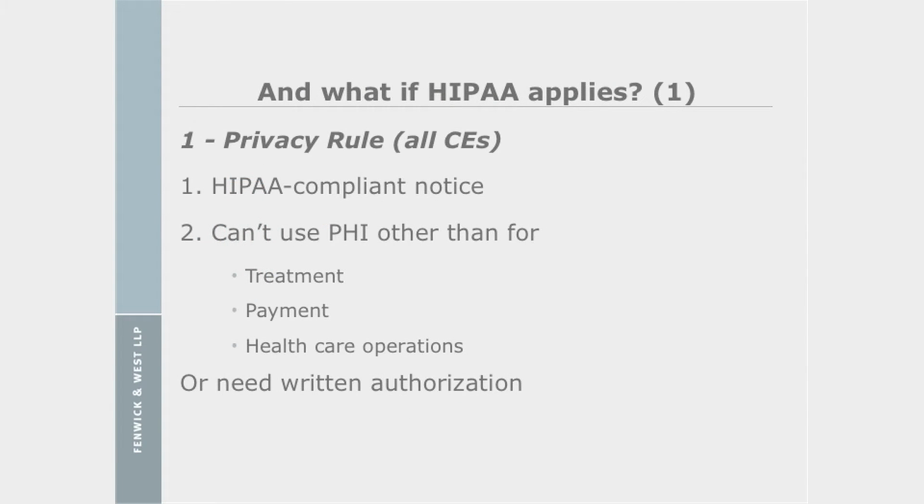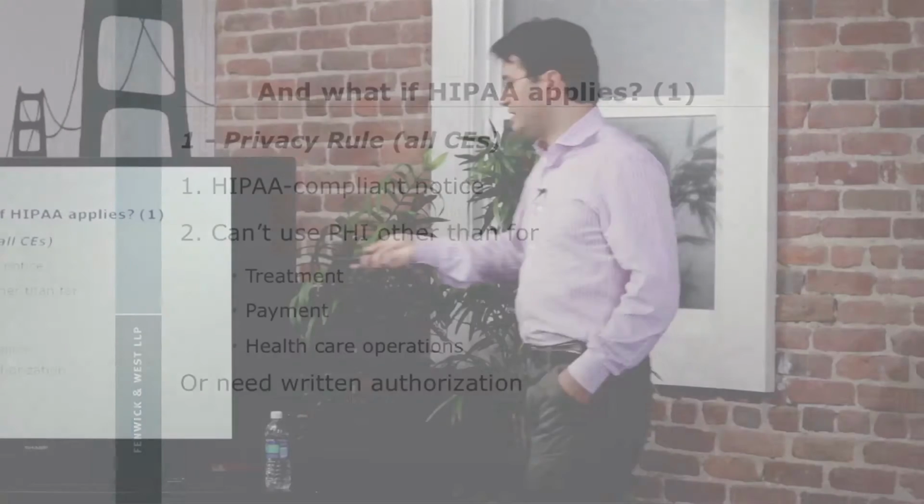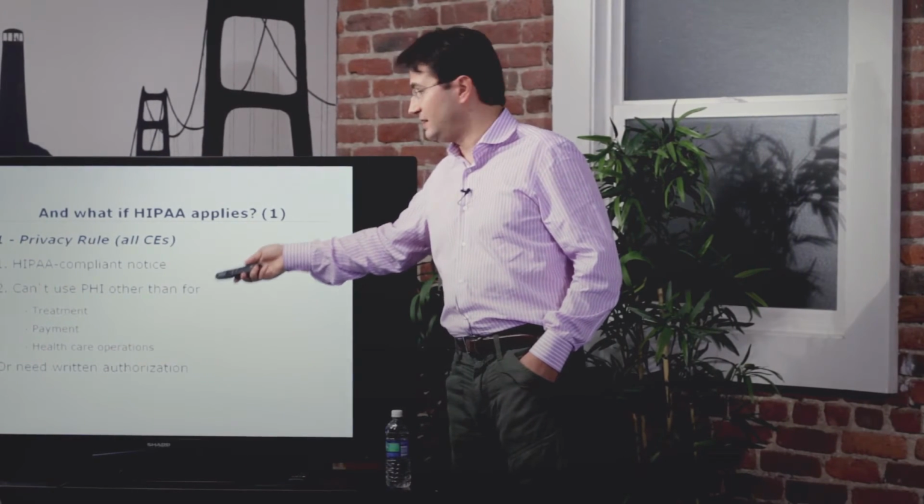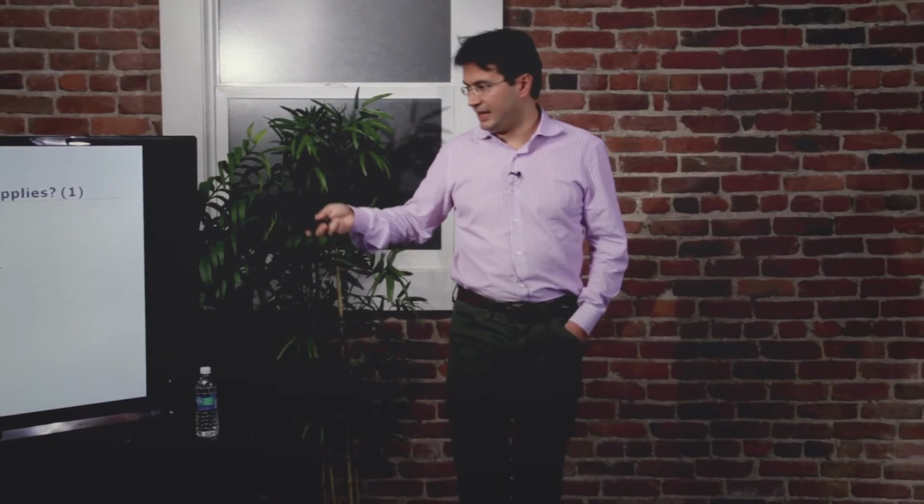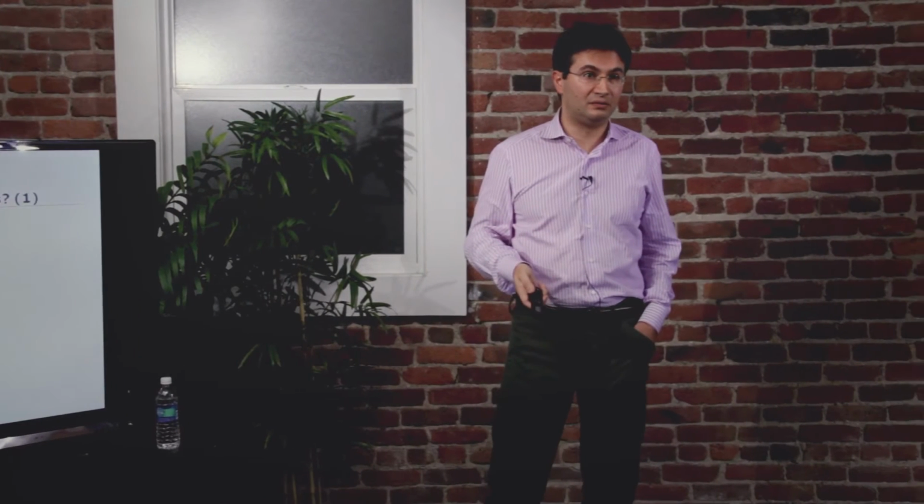There's a number of different implications. If you're a covered entity, well, number one, you're going to need to provide a privacy notice in compliance with HIPAA. Number two, more importantly, there are very precise restrictions on the use and sharing of PHI. The general rule is you can use PHI that you collect from a patient for treatment, payment, and healthcare operations in general.